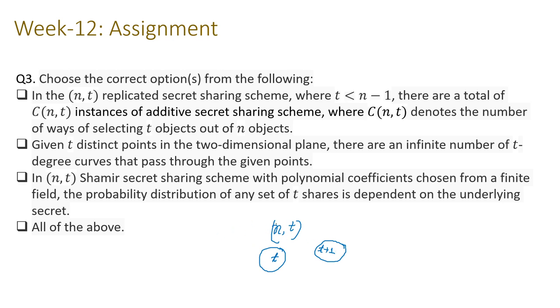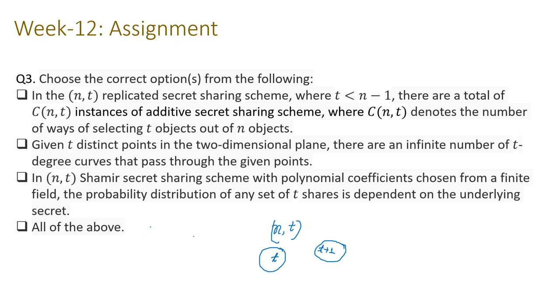Both are correct; it depends on the way you define your secret sharing scheme. If you mean that T shares will be required to reconstruct the key, in that case, n choose T additive secret sharing instances will run actually.